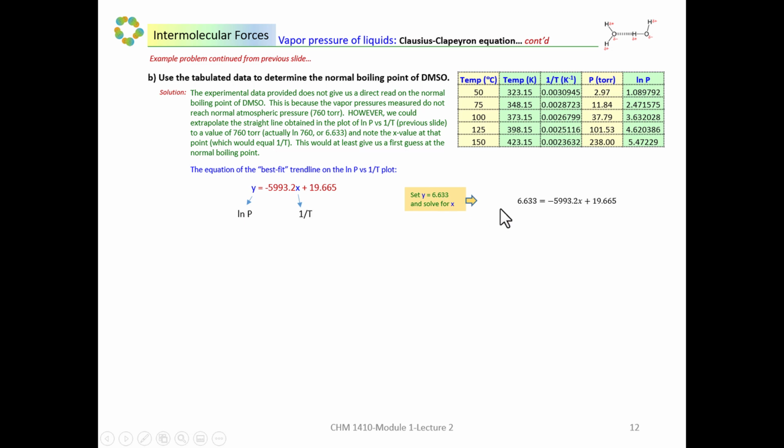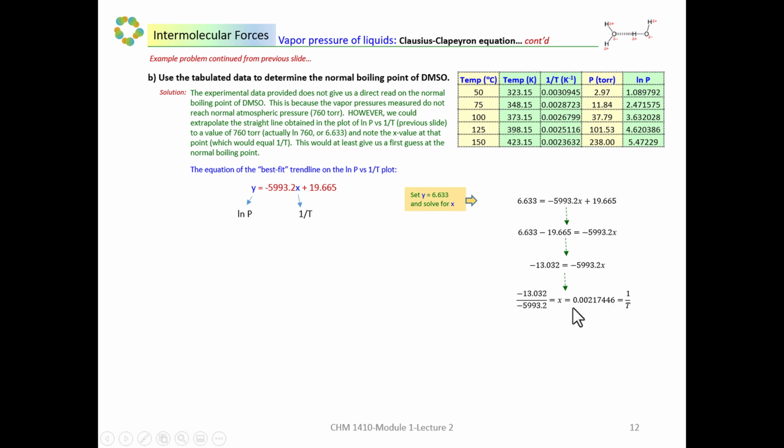So we have 6.633 equals minus 5993.2x plus 19.665. I'm simply going to solve for x here. When I solve for x, it turns out to be equal to 0.00217446. Again, I'm being a little sloppy with significant figures here, at least in the intermediate calculations.